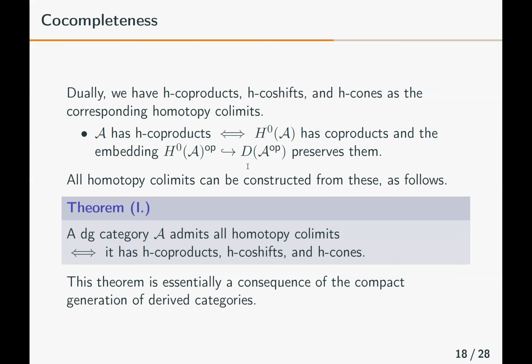In fact, all colimits are built from these basic constructions. That is, the DG category A admits all homotopy colimits if and only if it has h-coproducts, h-coshifts, and h-cones. This theorem is essentially a consequence of the compact generation of derived categories.